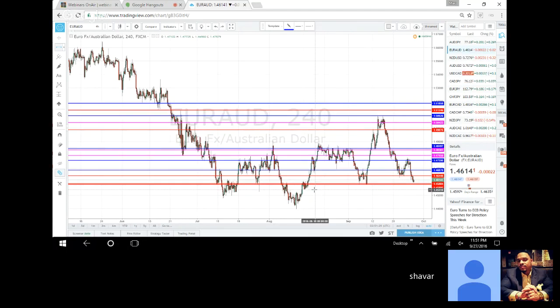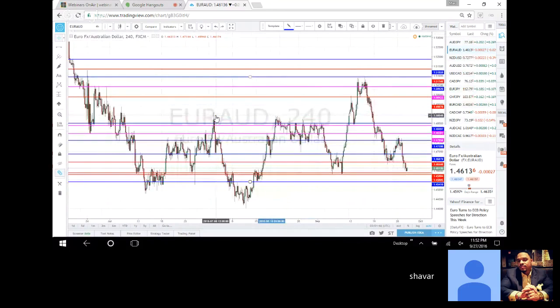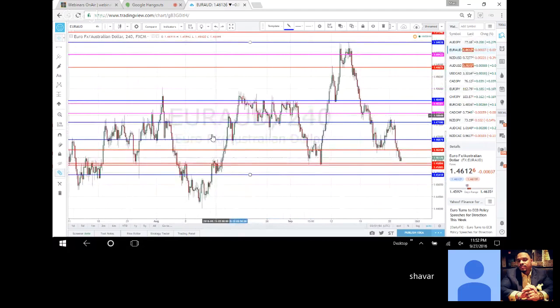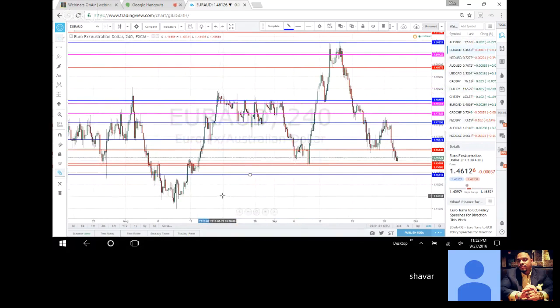So it could drop at least another 40 pips, which I believe it's going to drop even more than that. It's a minor support area. Or it can move. There's still some movement here. Let's just see what happens. We gotta get price to drop a little bit more, another like 25 to 30 pips, and then see what happens from there.